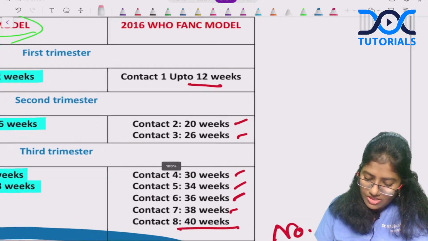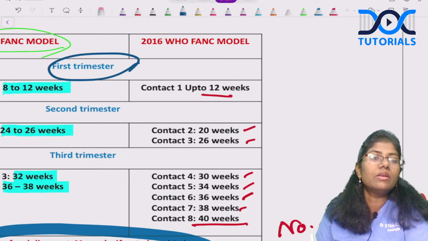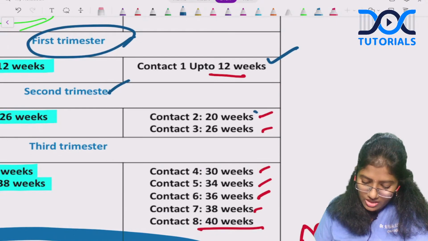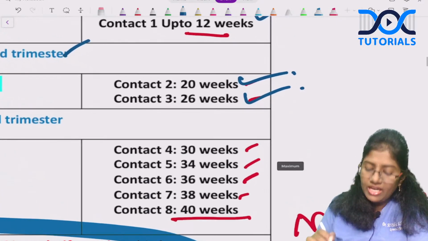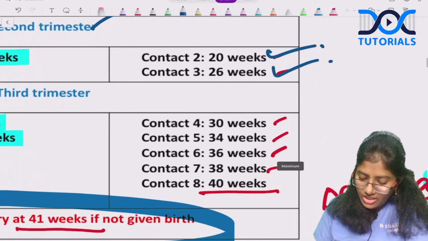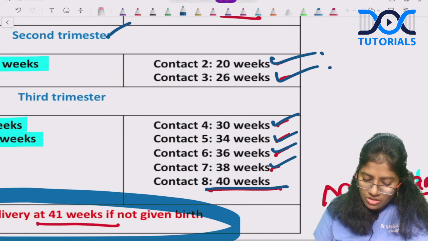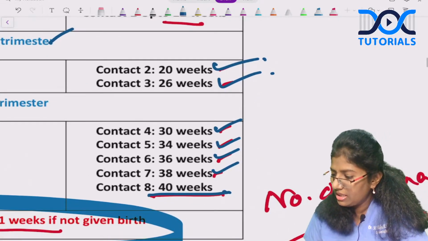In the second trimester there are supposed to be 2 visits, one at 20 weeks and the other at 26 weeks. And in the third trimester, you will have the remaining 5 visits: one at 30 weeks, the next at 34, the next at 36, the next at 38, and the last at 40 weeks. So altogether, you must make 8 antenatal visits.